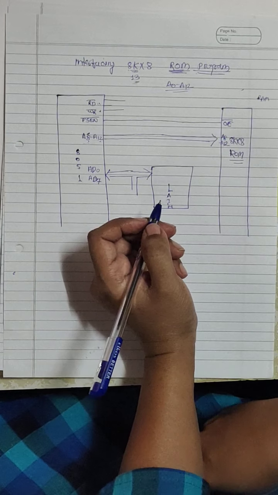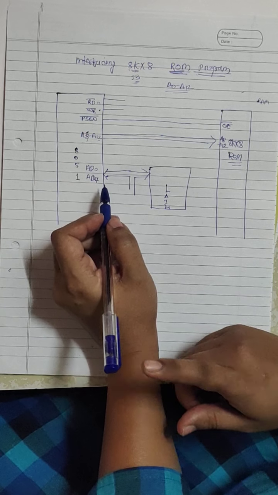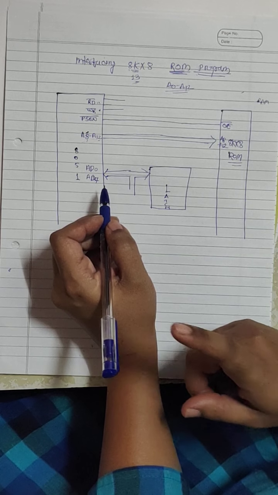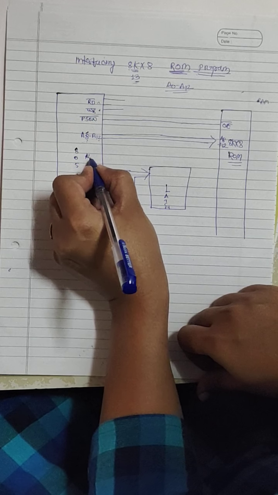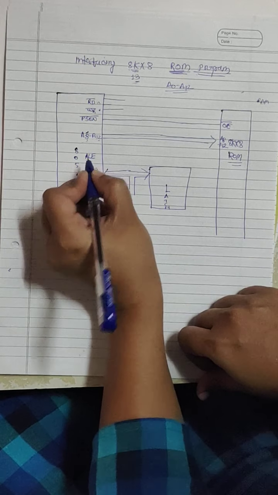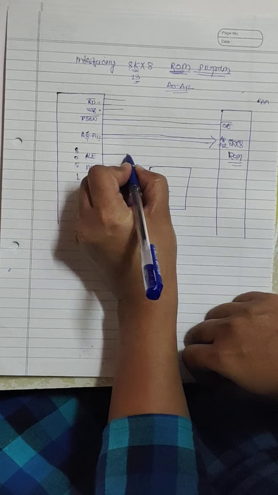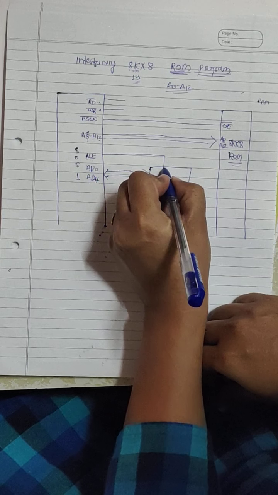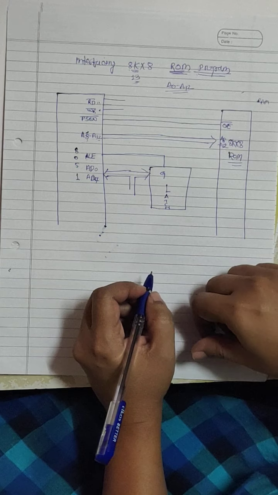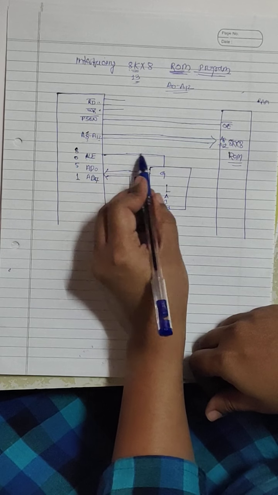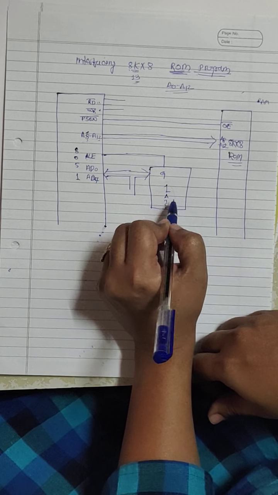We all know this AD bus carries the address during the first clock cycle of every machine cycle. At the same time, the microcontroller has the ALE pin, the address latch enable pin, which is also low during the first clock cycle of every machine cycle. That's why this ALE pin is connected to the enable pin of the external latch.